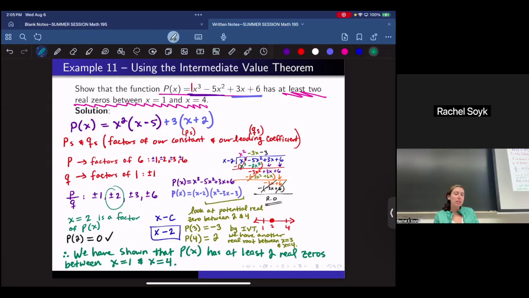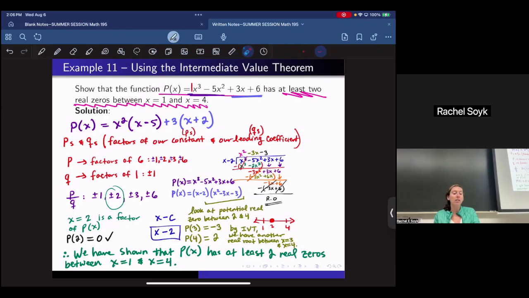Another way you can go about it, I mean, it really does help knowing that 2 is a factor of this polynomial function, but you can also take a guess, right? Let's say you evaluated between x equals 1 and x equals 2.5, and then you used intermediate value theorem, it went from positive to negative from x equals 1 to 2.5.